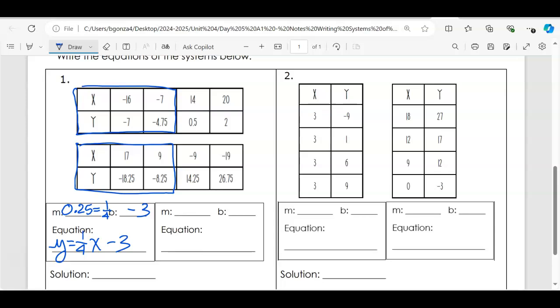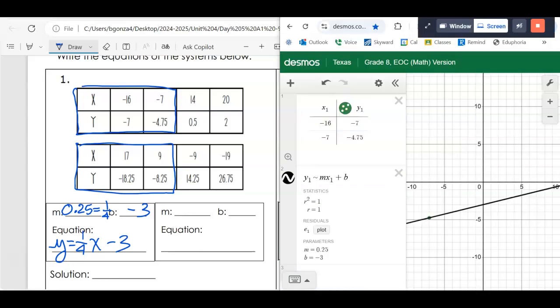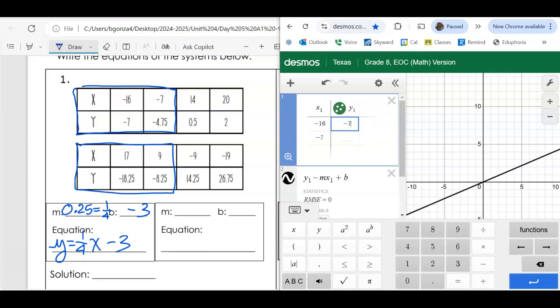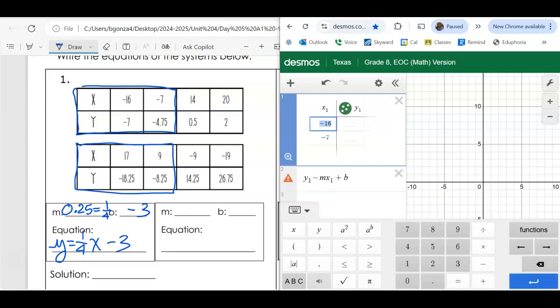Okay, now for my second table, once again, you're going to use these points. Now, watch me do this. Don't delete this. I'm going to go up to this table. I'm just going to delete the table values, not the whole table. Now you see I have a blank table and I still have the y1 squiggle mx1 plus b, right? Just fill in that table with the new stuff.